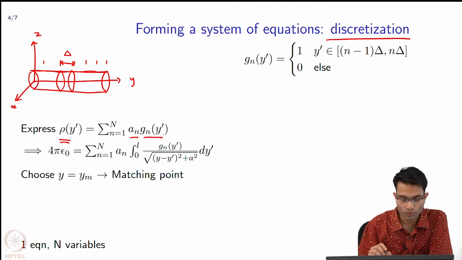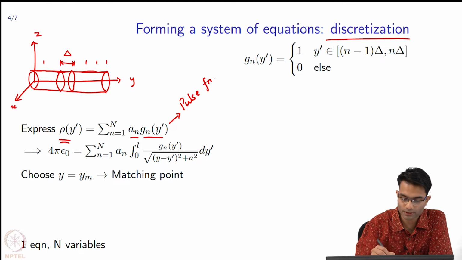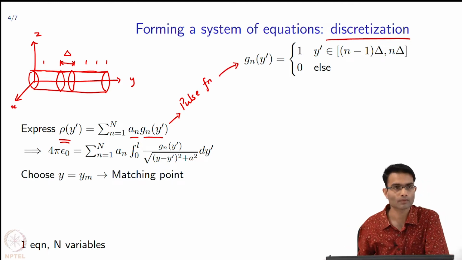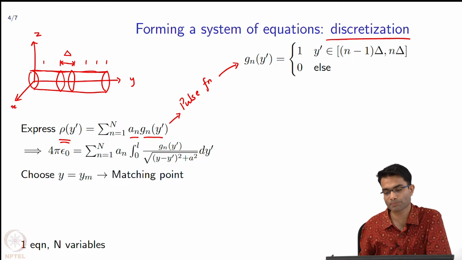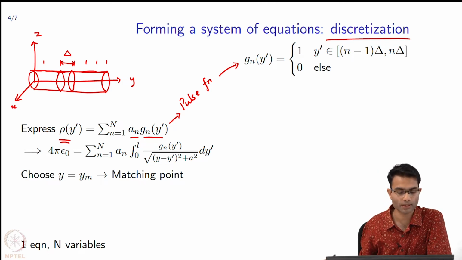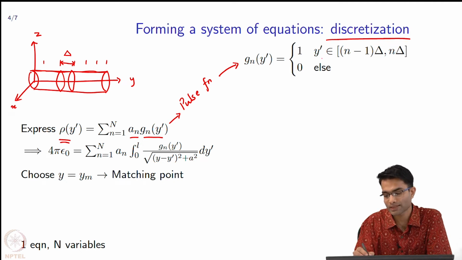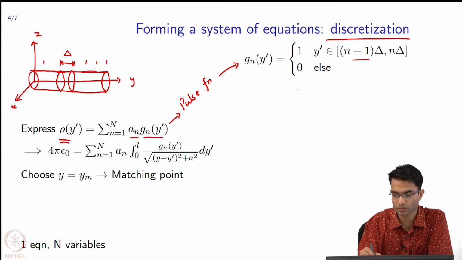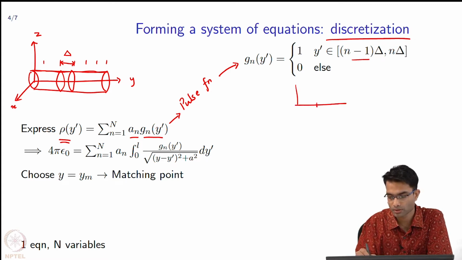Okay. So, what is this g n over here? It is what is called a pulse function. So, what does this pulse look like? First of all, there are capital N pulses that I have used. The definition of this pulse is that it is 1 inside the nth segment and 0 everywhere else, right. So, if I were to plot this, this is n minus 1 delta and this is n delta.